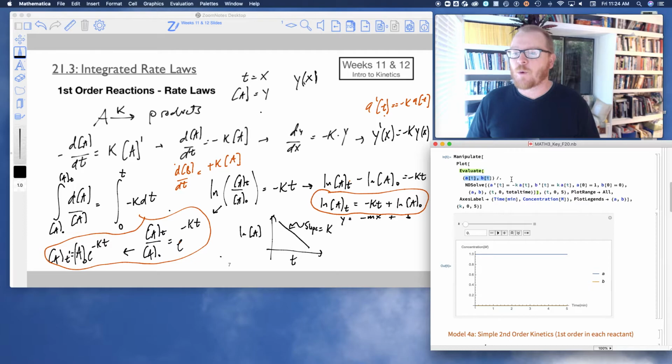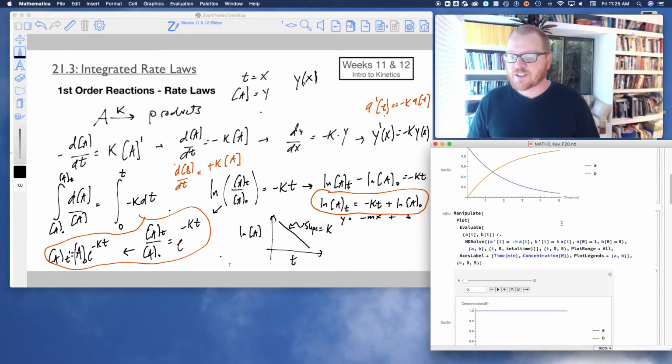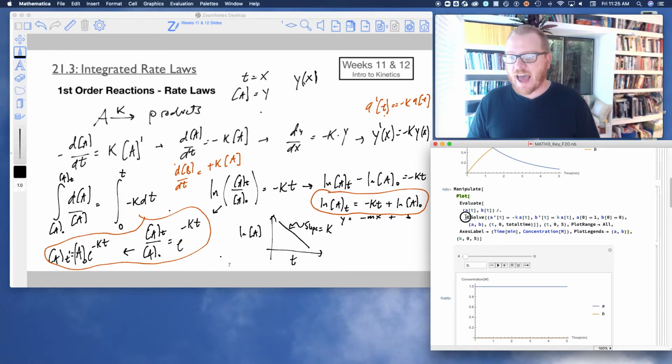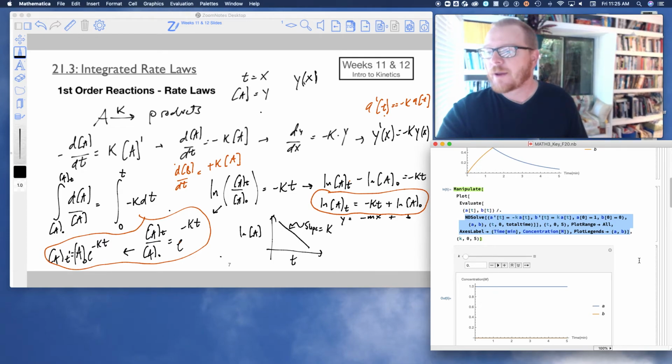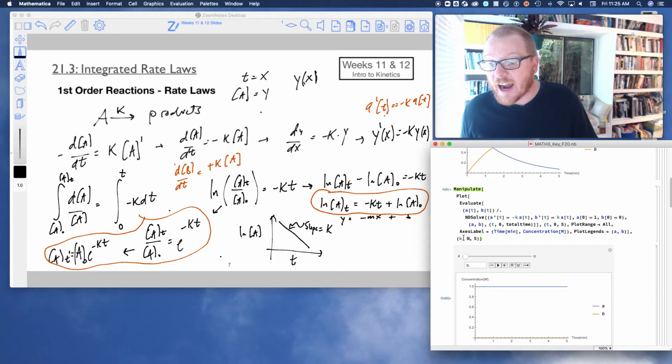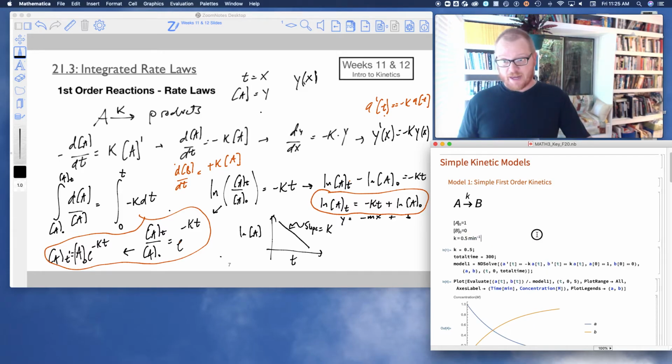But instead of putting in Model 1, I just recopied that entire Model 1 code, which is the same thing as saying Model 1. Then comma, and I'm going to let k be manipulated from 0 to 5, and my units here are inverse minutes.